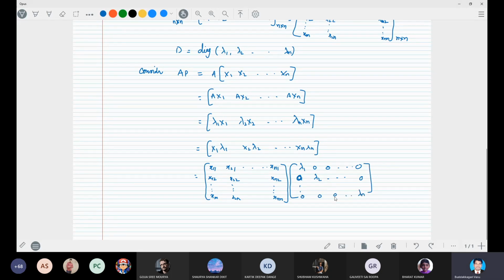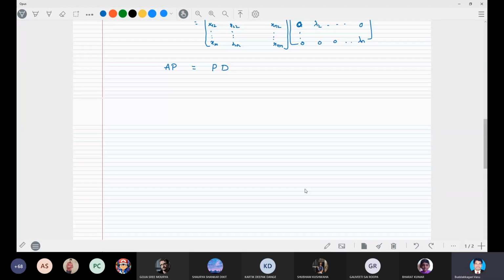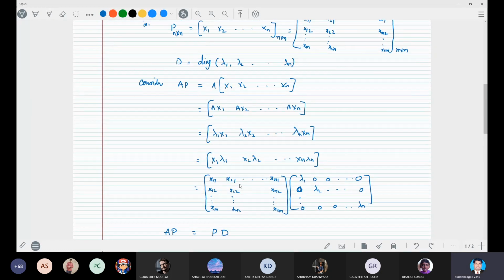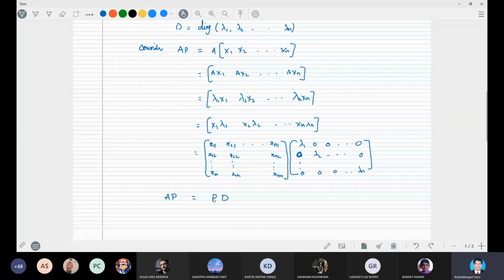Is it okay? The same as you got in the above step. This is P and this is D. So hence AP is equal to PD. Did you get this step? Clear? Understood?